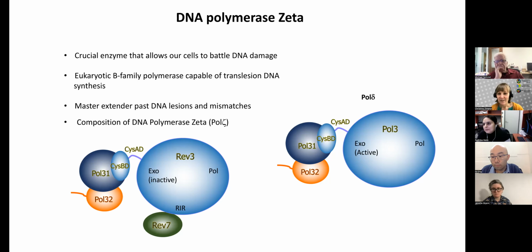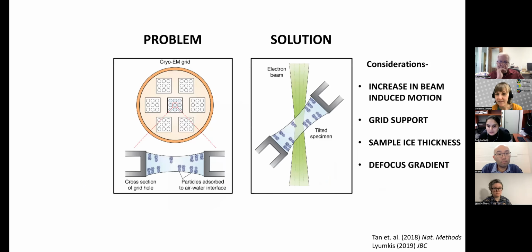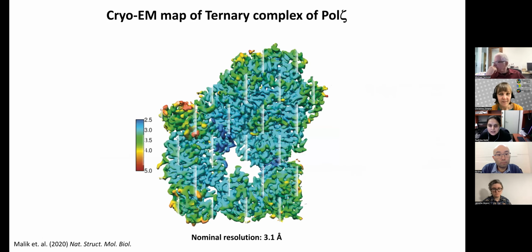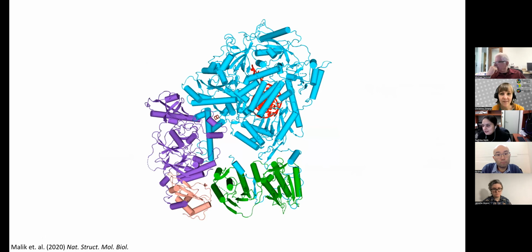So actually the sample was quite good. It was a uniform distribution of particles. We didn't have any heterogeneity as you see in many Cryo-EM data sets. If I talk about this holoenzyme, there are certain regions in Rev3 here which are missing, which are disordered, and we don't see any density for it.